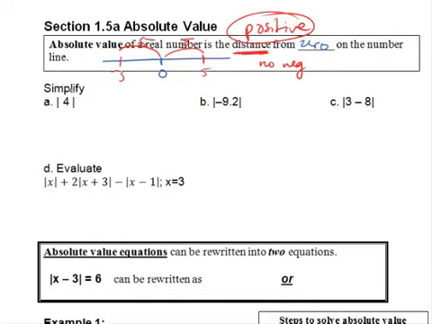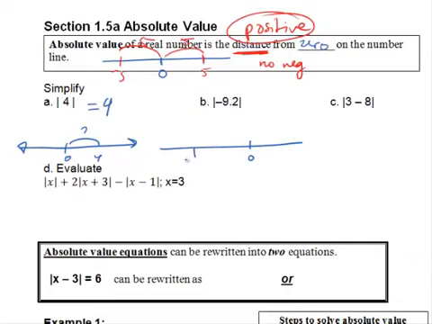For example, here you have 4. What this is saying in terms of a number line is, here's 0 and here's 4, and it's asking what is the distance from 0 to 4. It's 4 units. Over here for this one, negative 9.2, you have 0 and you have negative 9.2. And what's the distance between here and here?